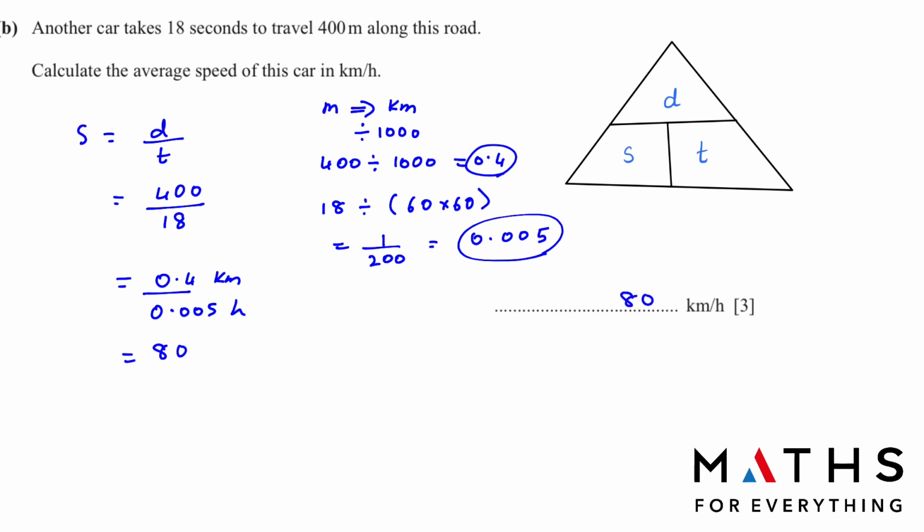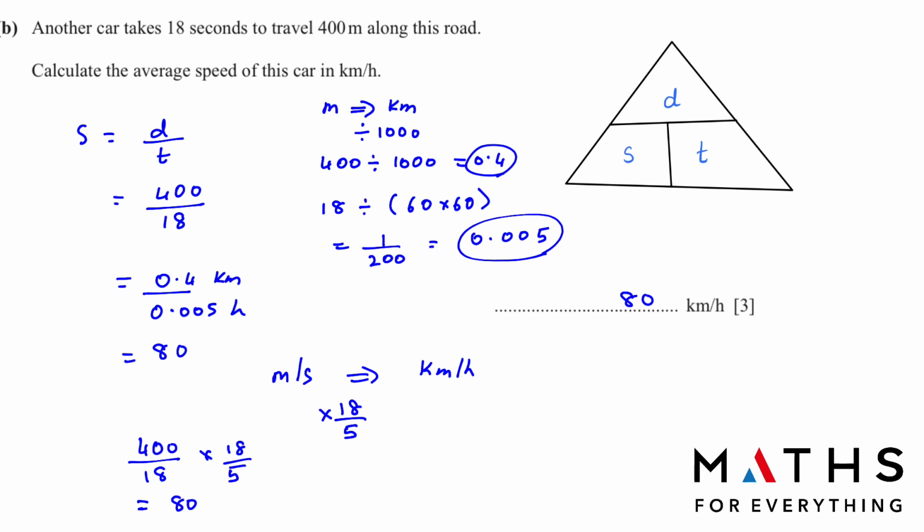There is one quick way to solve this. You will have to memorize something. If you want to convert from meter per second to kilometer per hour, you just multiply by 18 over 5. So if I have 400 over 18 and if I multiply by 18 over 5, that will give me the answer 80.